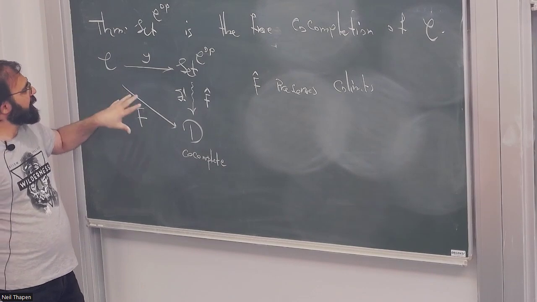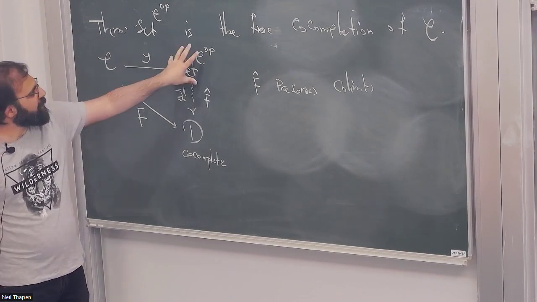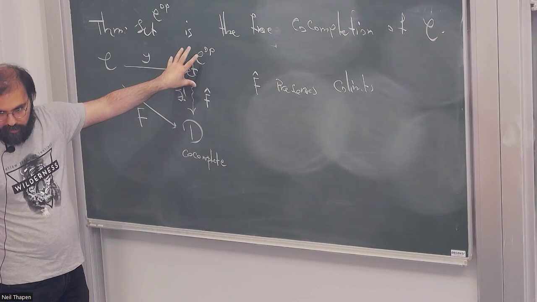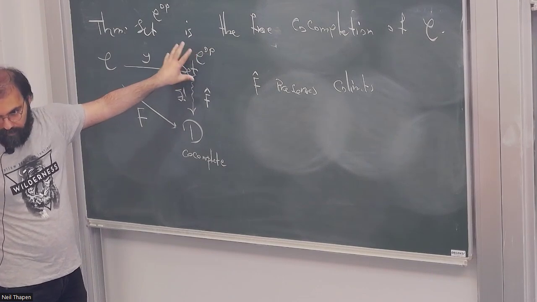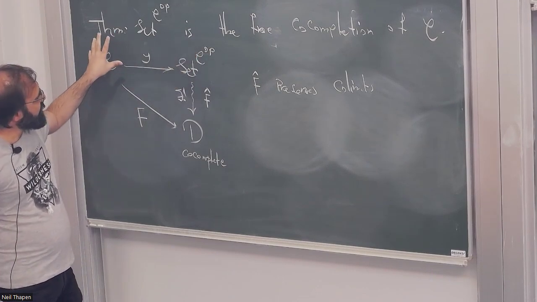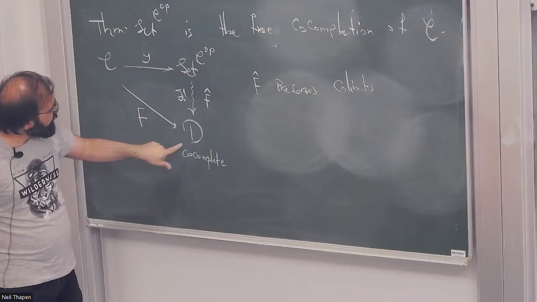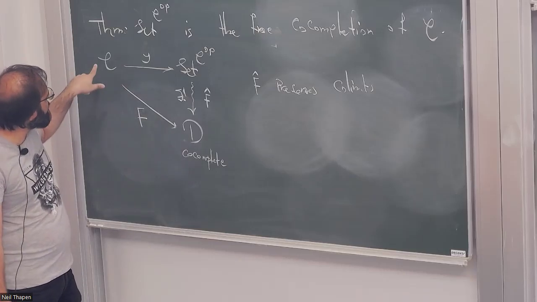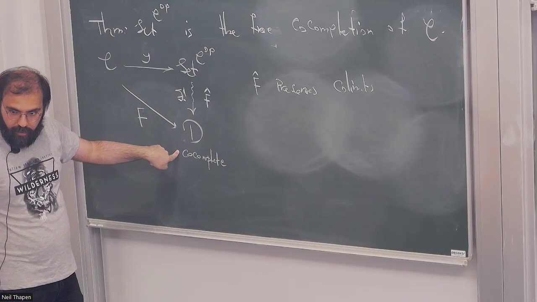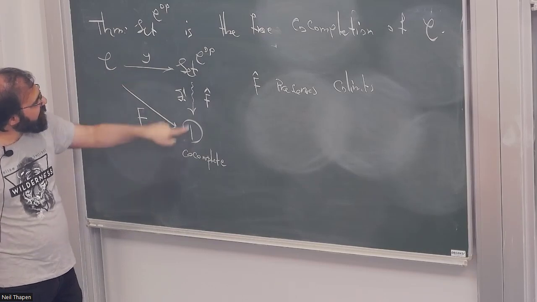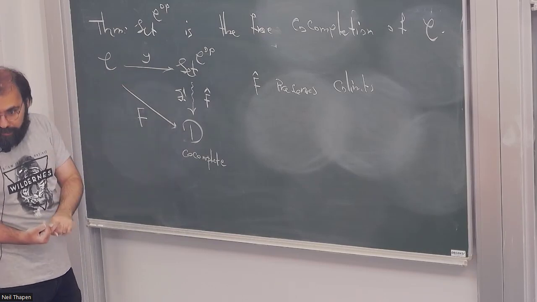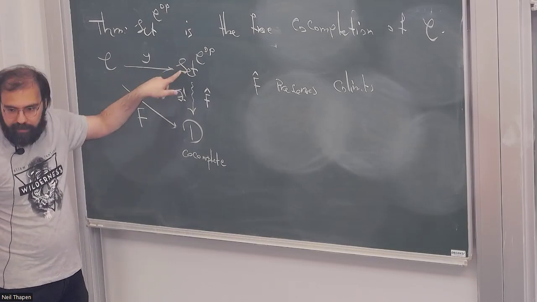It says that first you can expand it to this cocomplete category, right? Fair enough. Then it says that it is the best one, in the sense that for any other D, if you know where C goes, then you can expand it uniquely to all of Set^(C opposite).